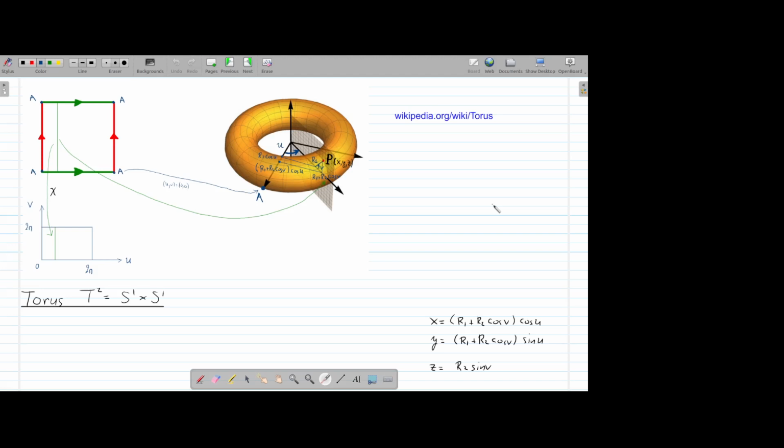A more interesting example arises when we also identify a line here with a line there. So we have this rectangle on the plane, and first what we do, as in the case of the cylinder, we identify this line with that line. So after doing this identification, we obtain a cylinder, like before.